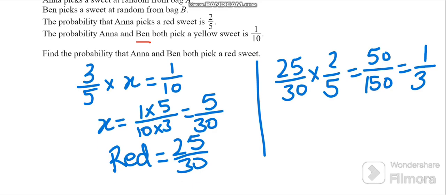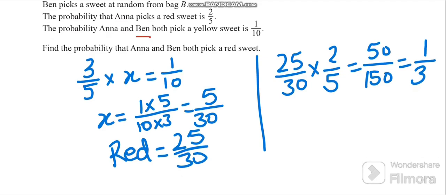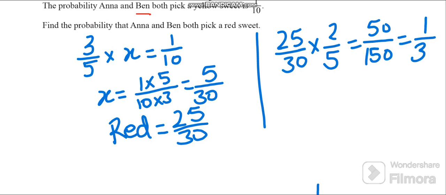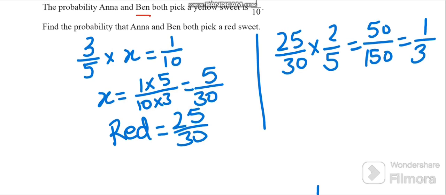So if 5 over 30 is the probability for Ben picking a yellow sweet, then we will subtract this from 1, and the answer is 25 over 30, which is the probability of red. So we simplify 25 over 30 and multiply it by 2 over 5.